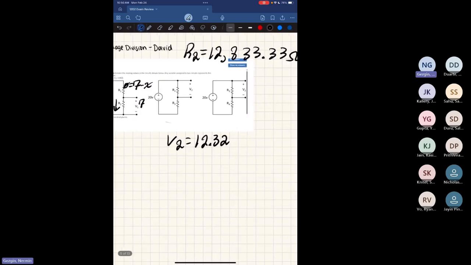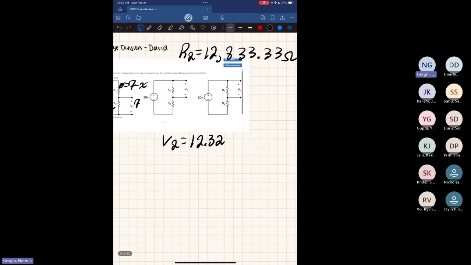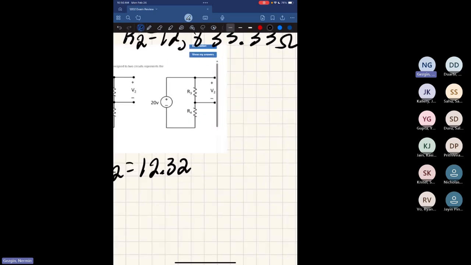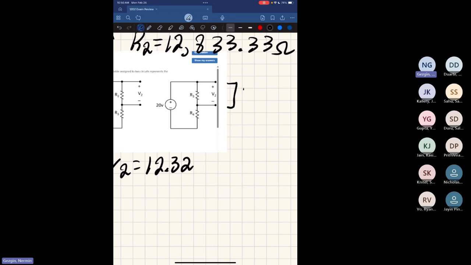Now we have to find the value of R4. So we know the voltage drop across that. Actually, yes, we do know that.